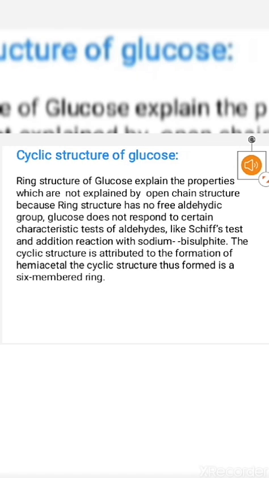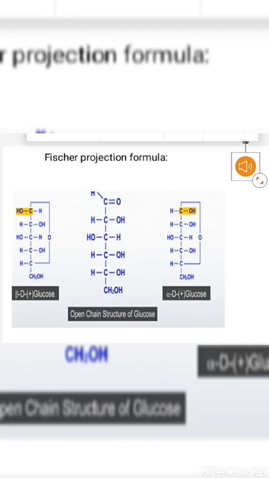The cyclic structure of glucose can show all these properties which cannot be shown by the linear structure. So it is suggested that glucose also has a cyclic structure. This cyclic structure is given in alpha and beta forms.